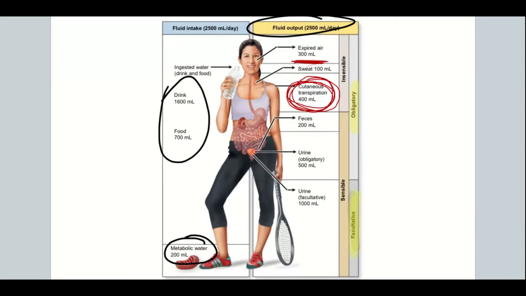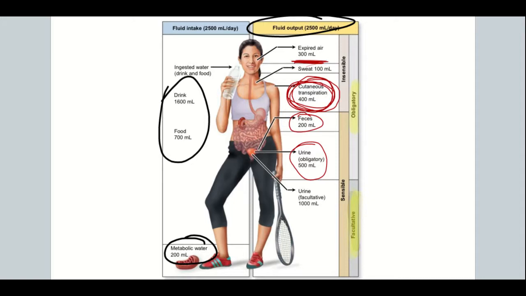And then the last two are feces and obligatory formation of urine. Even if you're dehydrated, your body will produce some amount of urine. And I know we think about feces as solid waste, but it's not completely dry. There is water that is lost through the feces, generally always as well. The obligatory formation of urine doesn't depend on the state of your hydration.